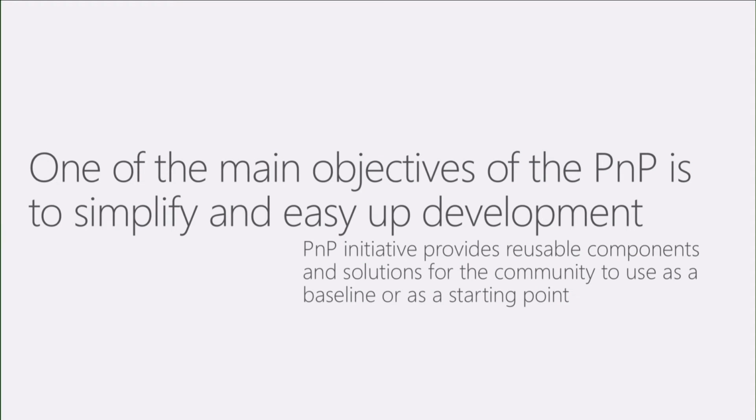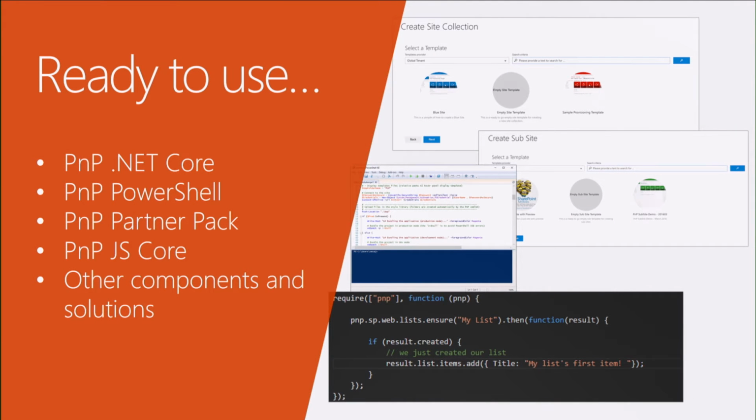Good. And as mentioned, the key objective of PnP is to simplify and ease up development. We give you tools to get started, and provide reusable components and things which help you to be productive within the SharePoint area. That's really what we are for. So what we have available right now for existing, in-production SharePoint customizations is the PnP .NET Core component, which is essentially a wrapper on top of CSOM, the client-side object model.